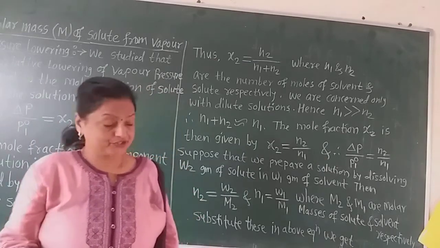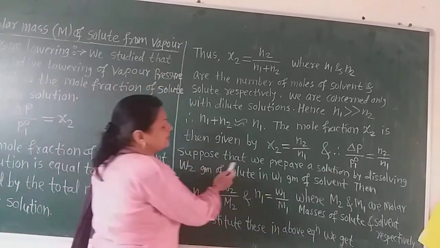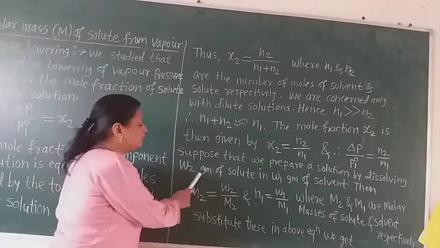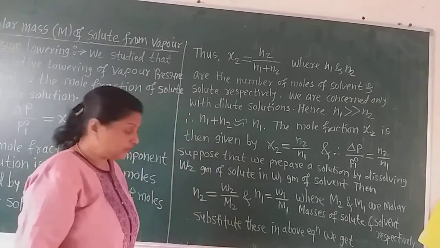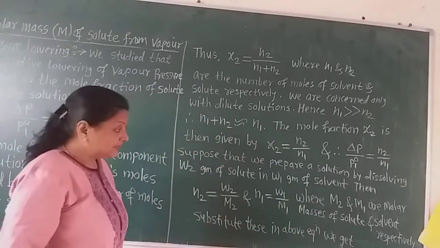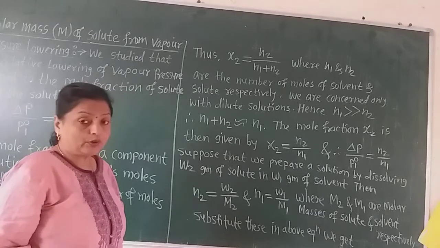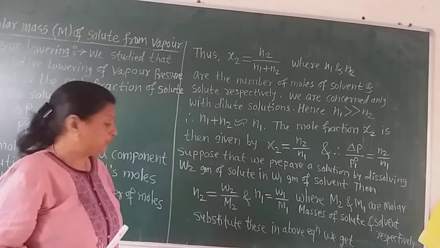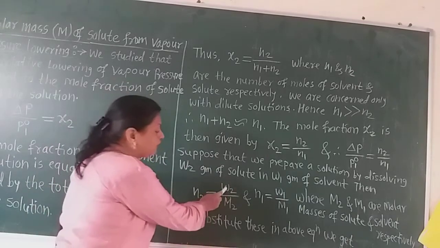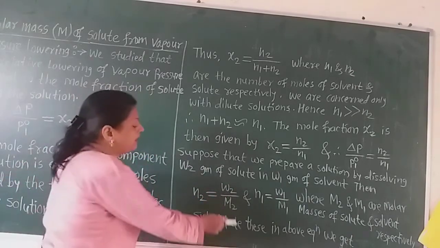Suppose that we prepare a solution by dissolving W2 gram of solute in W1 gram of solvent. Then how can we calculate the number of moles of solute? The number of moles of solute N2 is equal to the weight of the solute divided by its molar mass.